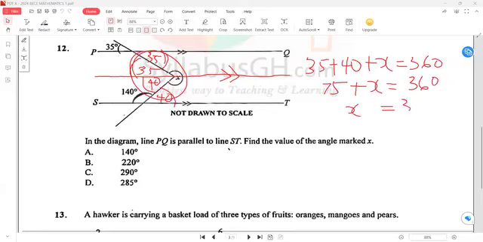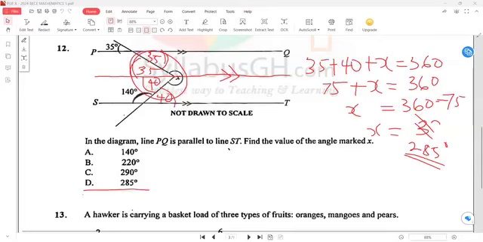So x is 360 minus 75. So x should be 285 degrees. And that is option D, the angle marked x. So question 12, the right answer is option D.